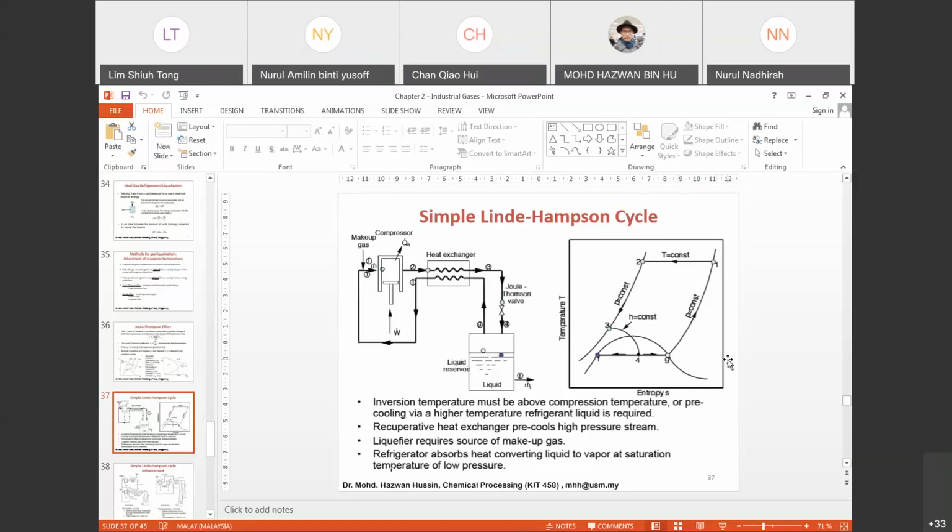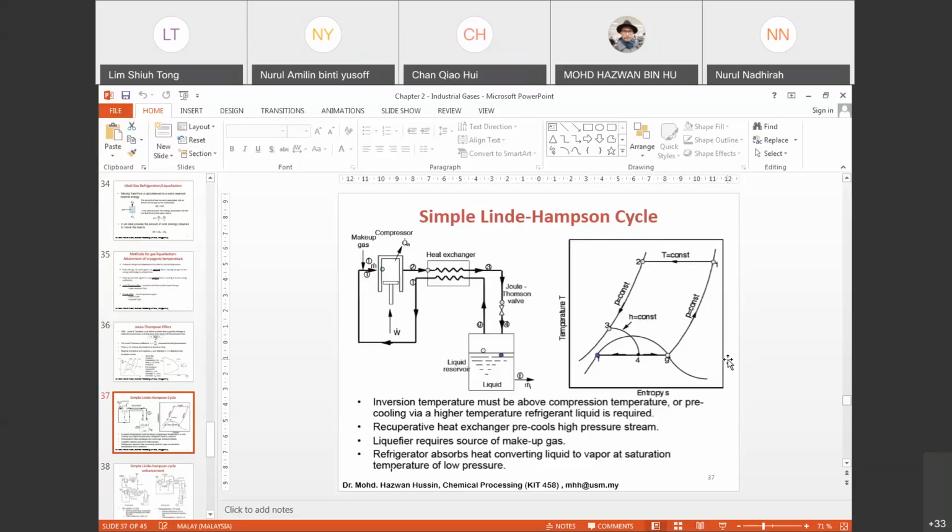The principle is very basic because it uses only one compressor and one heat exchanger, which is a cooler. After it reaches the critical temperature of the gas, it will convert into liquid. So the inversion temperature must be above the compression temperature, or pre-cooling via a higher temperature refrigerant liquid is required.